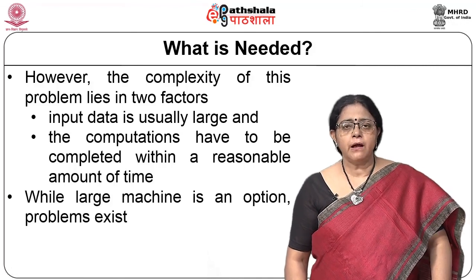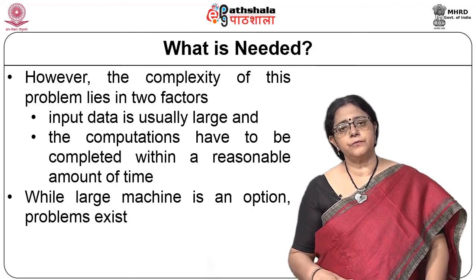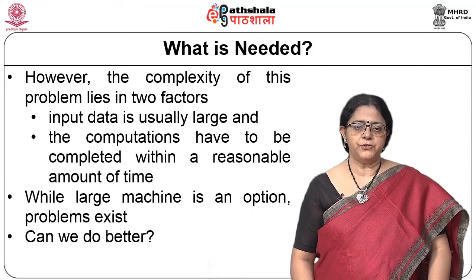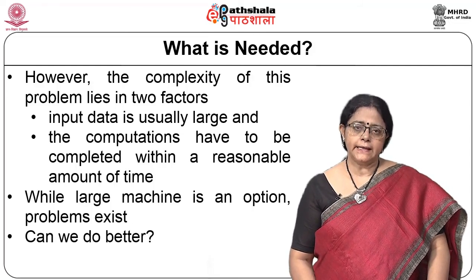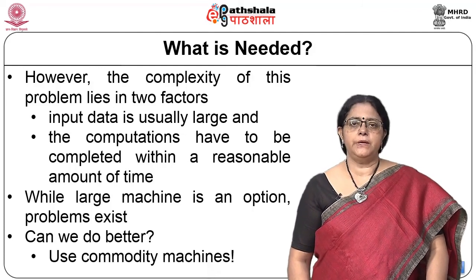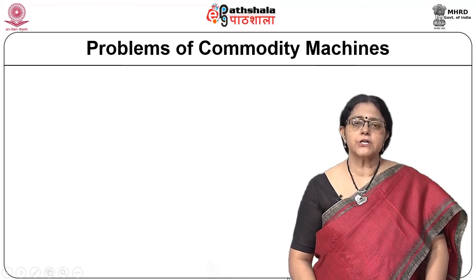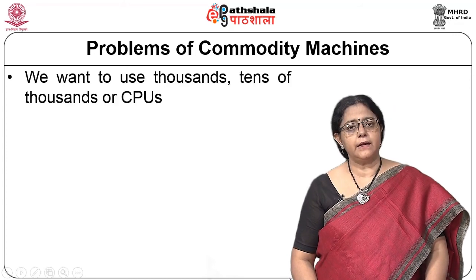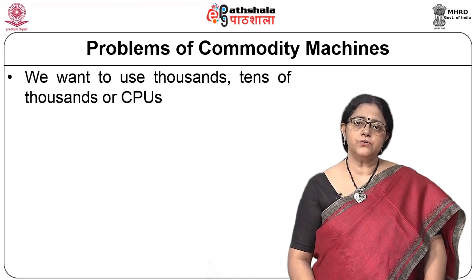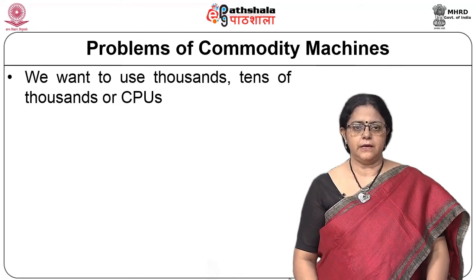So, if large machines are expensive and their superpower in terms of complex calculations is not required, then what is our option? Can we think of a better solution? The solution is to use commodity computers. Commodity computers are the general workstations that we see everywhere. They are not very expensive and are easily available and procurable if the need is there.